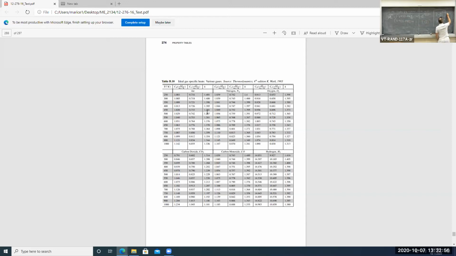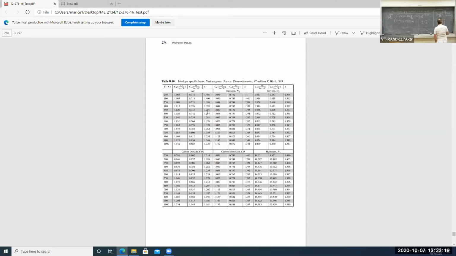So IGB, constant CP, CV, and therefore K. K is the ratio of specific heats. Usually in these problems, you're told to evaluate K at some temperature, just like in past problems, you were told to evaluate specific heat at some temperature, okay?